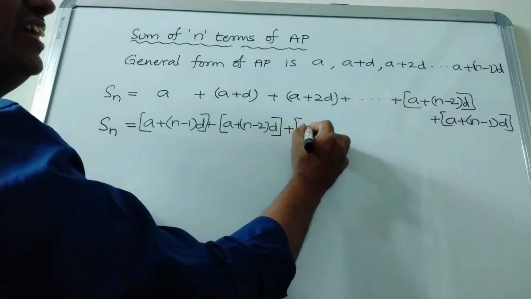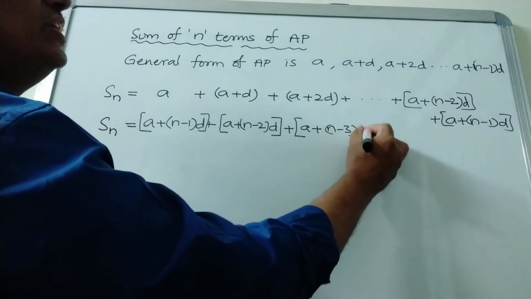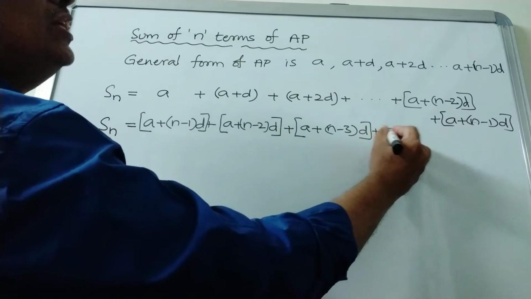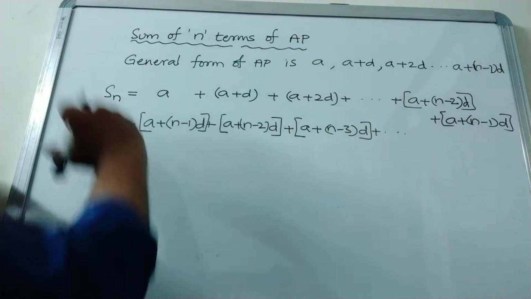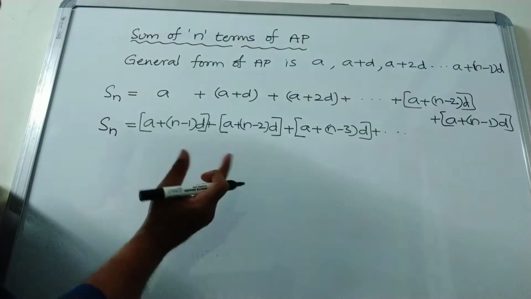Yes, a plus (n minus 3) into d, and so on. When we are writing in reverse, these terms will come last. Why? Because we are writing in reverse.